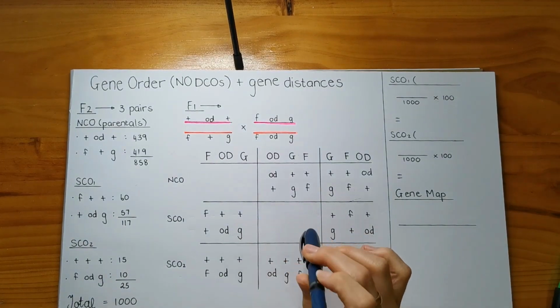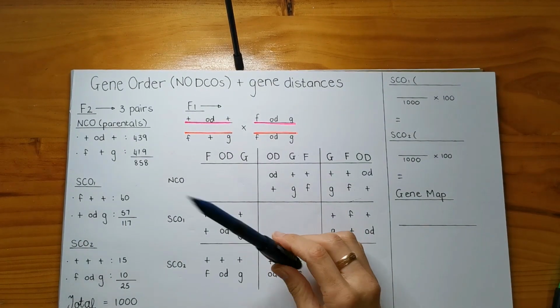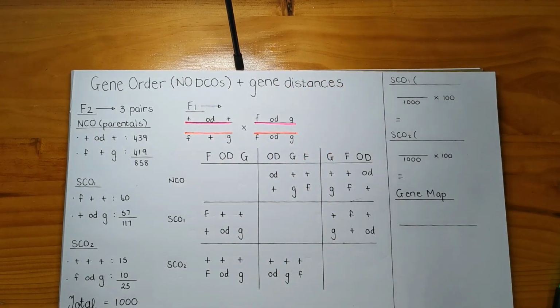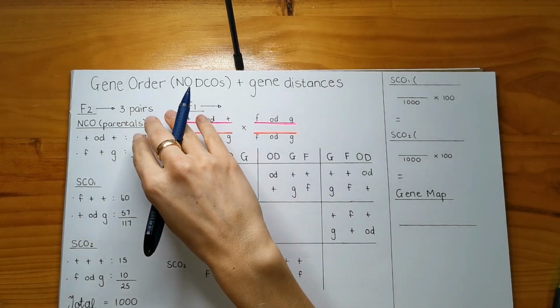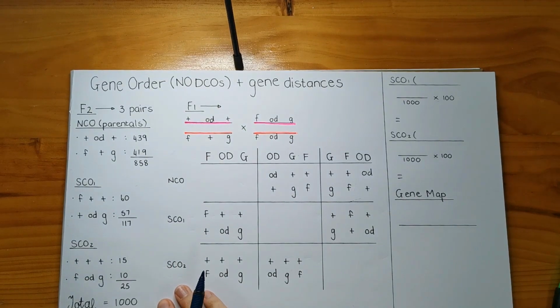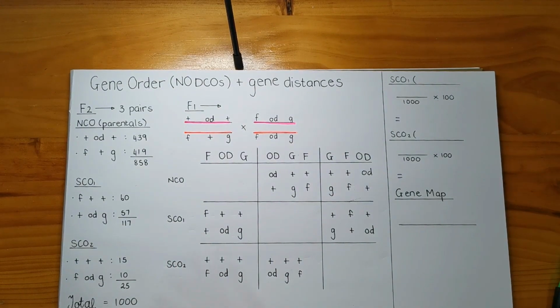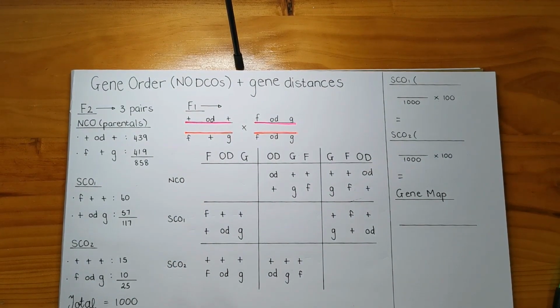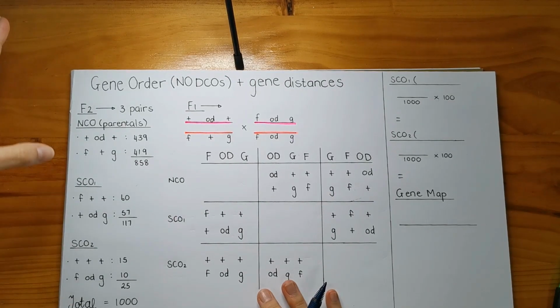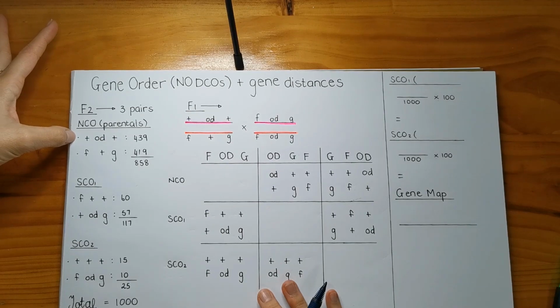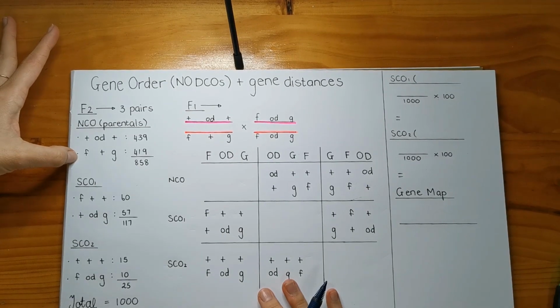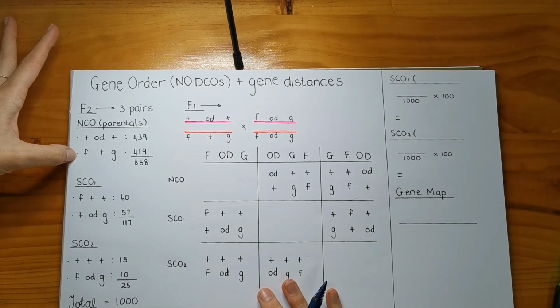All right, the reason why we write down our symbols is that we're going to use them in our gene order, right? When we've put them all numerically in order, you have to see what's in my no crossover class. For this particular example, the first individual is just outstretched, and the second individual is garnet and forked.